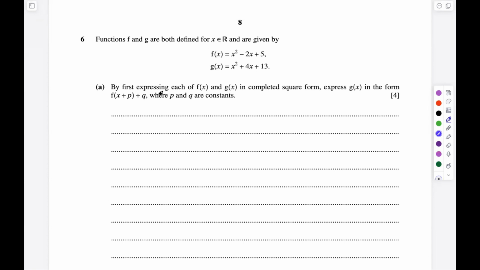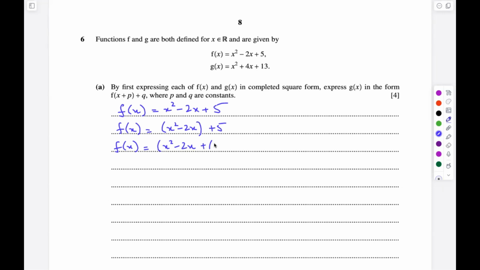Now to express the function in the completed square form, as f of x is x squared minus 2x plus 5, using the completing the square method, first we'll write x squared minus 2x in the brackets plus 5. Now taking half of b, as b is minus 2, half of b will be minus 1.